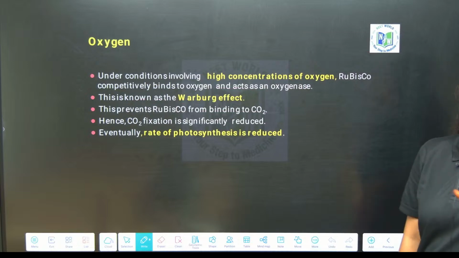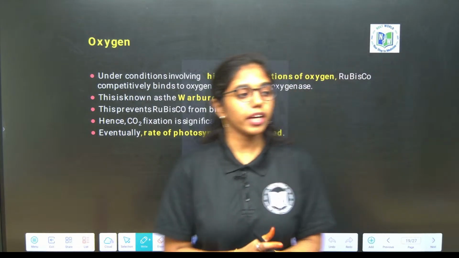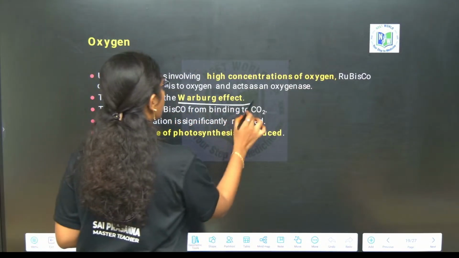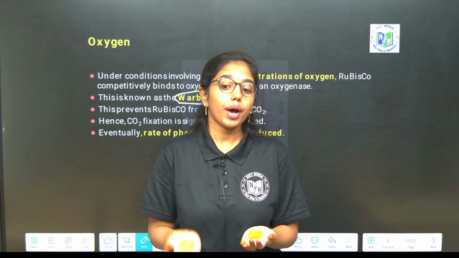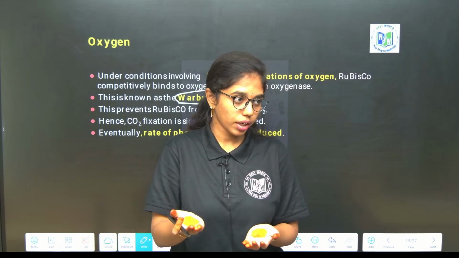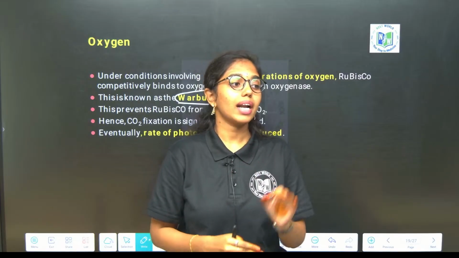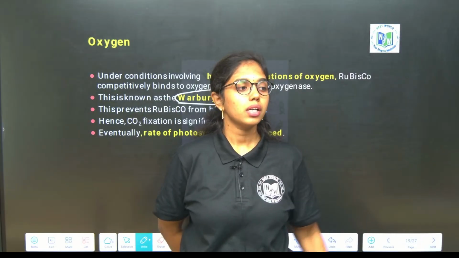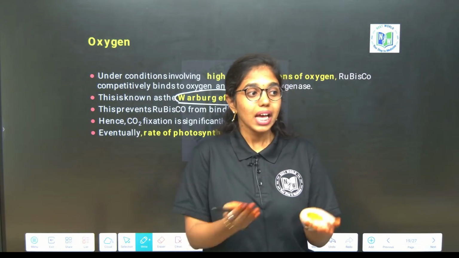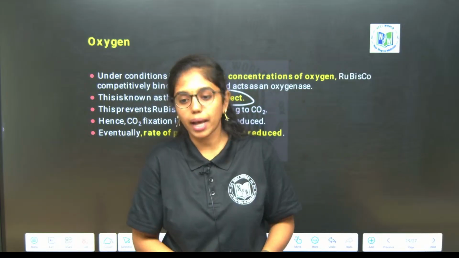And then oxygen. There is an effect called the Warburg effect, which you have to know about. That is the increase in oxygen concentration preventing a biochemical process, and it is called the Warburg effect. You can see this Warburg effect in which plants? C3 plants, because a rise in oxygen concentration will affect the fixation of carbon dioxide.